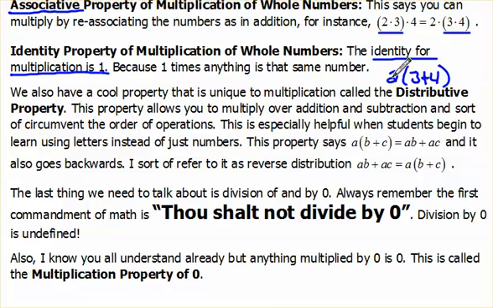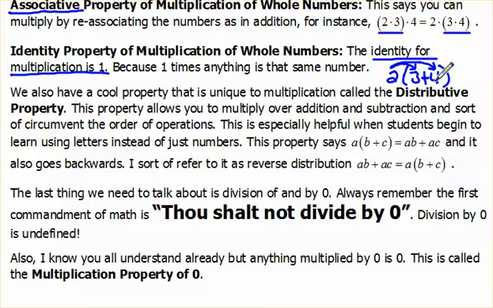If you were going to do this, according to order of operations, you would add the 3 and the 4 first, and then multiply that by the 2. But we can also distribute that 2 throughout the addition and get the exact same number.